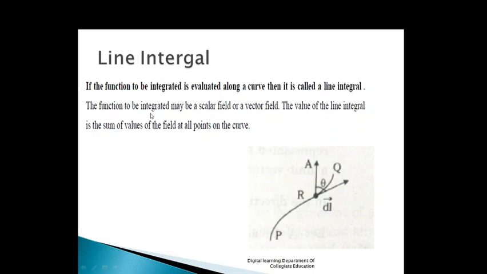The function to be integrated may be either a scalar field or a vector field. The value of the line integral from point P to Q is the sum of the value of a field at all points on the curve.